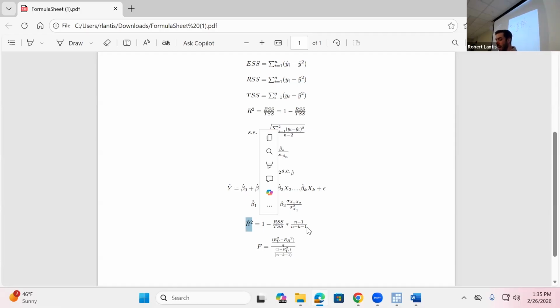If instead I had a sample size of 100, what would this be? 99 over 95. So as I increase n, what is happening to this scaling factor? It's going from 5 to about 1, it's going down.